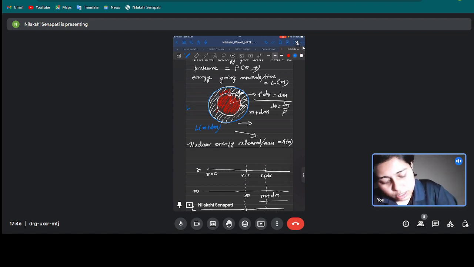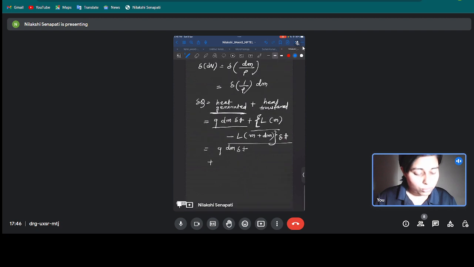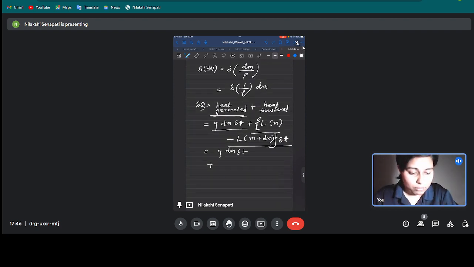So the change in the luminosity is lm minus l m plus dm, in delta t time. So we are considering lm minus l m plus dm into delta t. That is the heat transfer, because first it was giving luminosity lm, now it is giving l m plus dm. So delta q is the total energy, what is absorbed plus what is transferred.